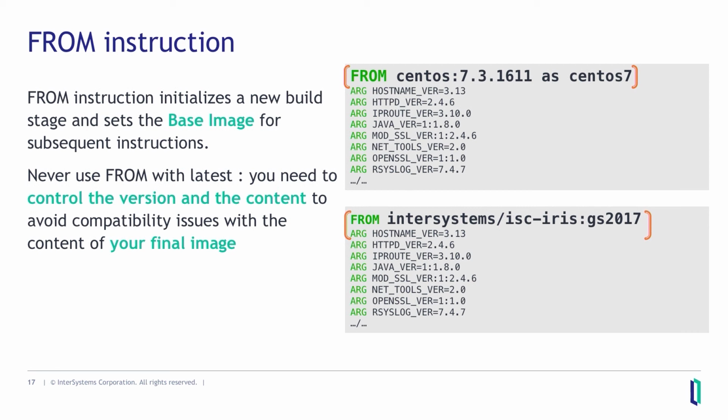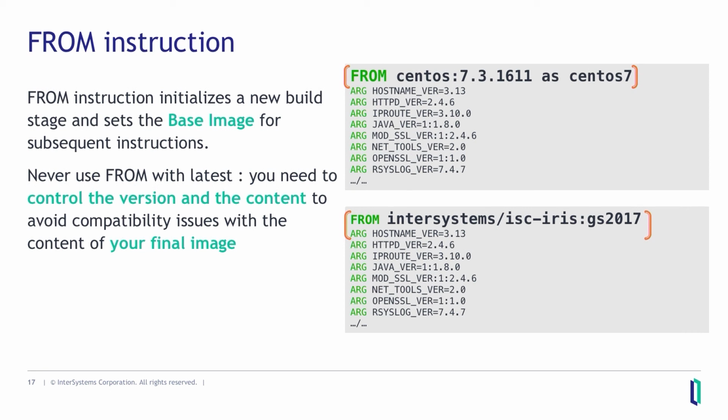After choosing not scratch, you have another option to choose regarding the InterSystems area. You can either think the same way you think when you build your VM. Just start from the OS, CentOS for instance, which is not the best way to go.